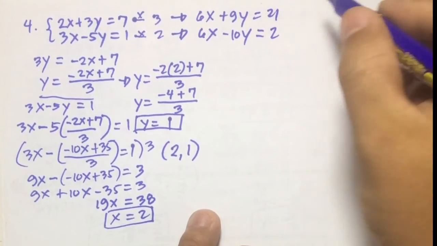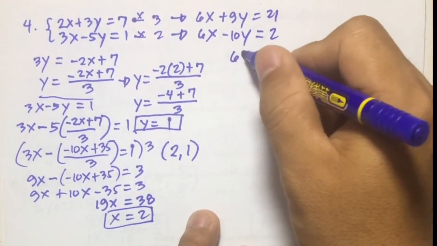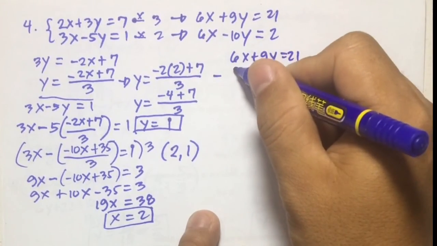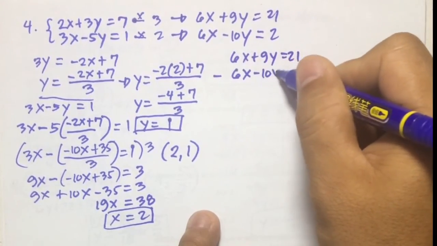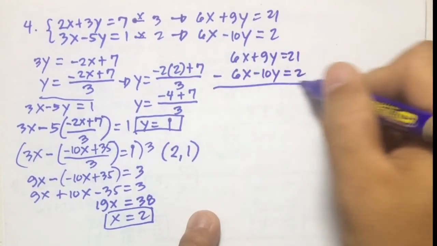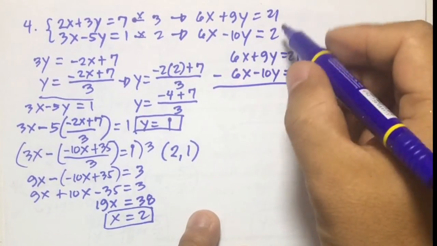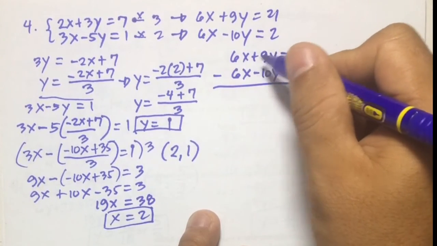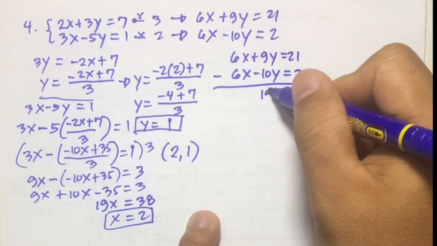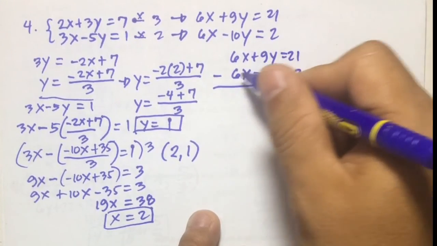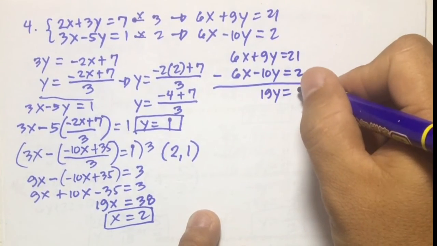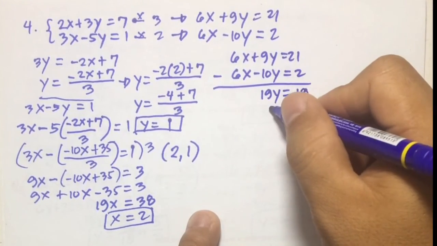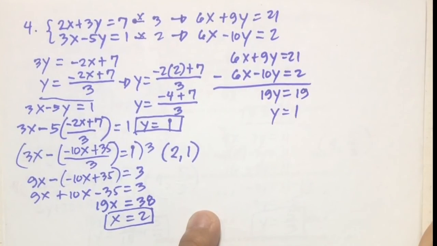So doing that, we're going to have 6x plus 9y equals 21 minus 6x minus 10y equals 2. So 6x minus 6x is 0. 9y minus negative 10y, or 9y plus 10y, is 19y. Then 21 minus 2, that will be 19. So dividing both sides by 19, we can have y equals 1.